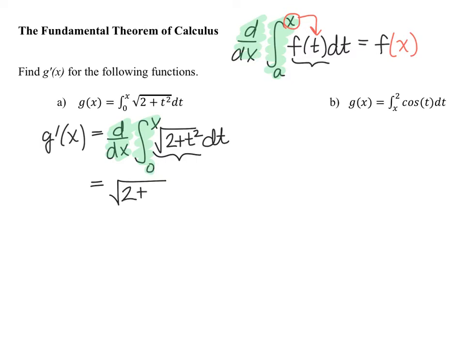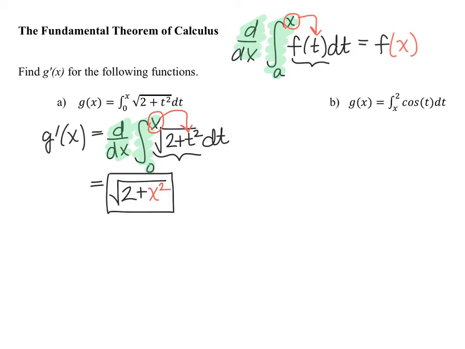However, it will be this function in terms of that upper limit of integration, which was x, so it's going to be the square root of 2 plus x squared for the value of our derivative. So it's a super simple process. However, the proof is what takes a while to really understand. Again, that's what was in the previous video of showing why this is true. These examples are just showing how we use this part of the theorem.